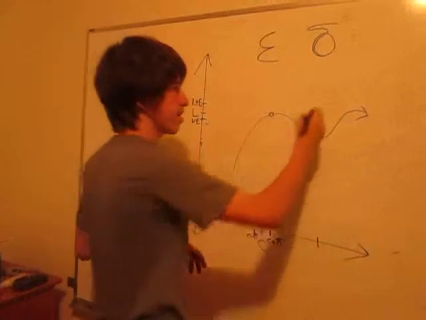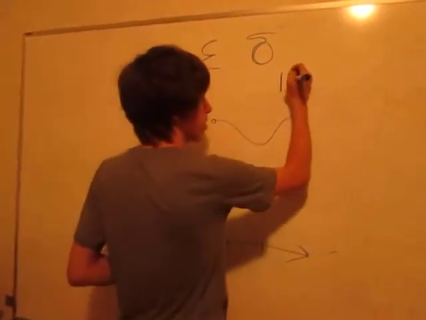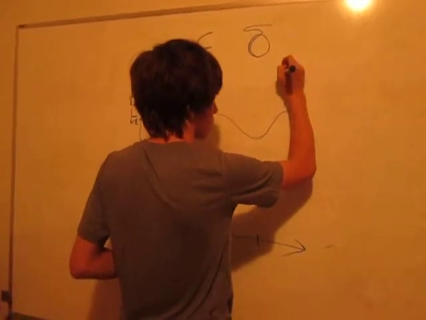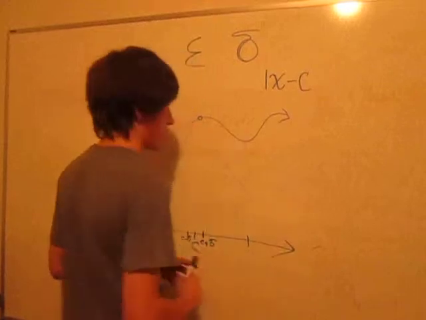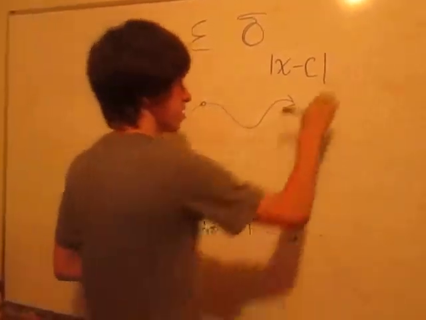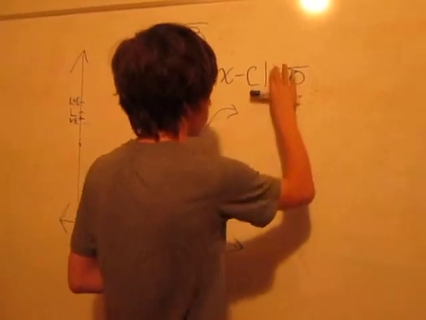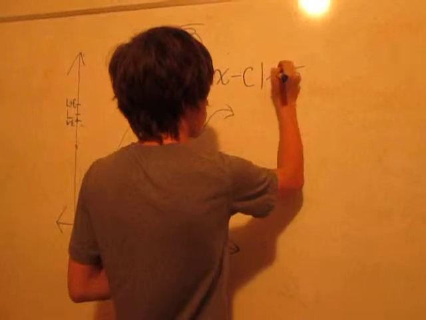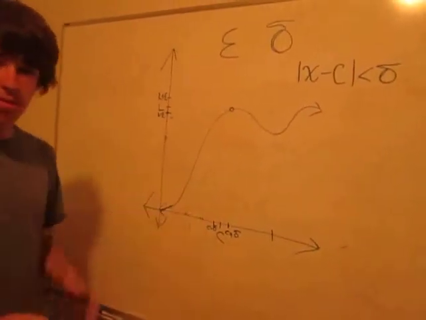And basically, the equations in here are fairly simple. So if we take the absolute value of, what was it? x minus c, or c minus x, it's an absolute value, so it doesn't matter. It's going to be less than delta if our x is in the specified range.